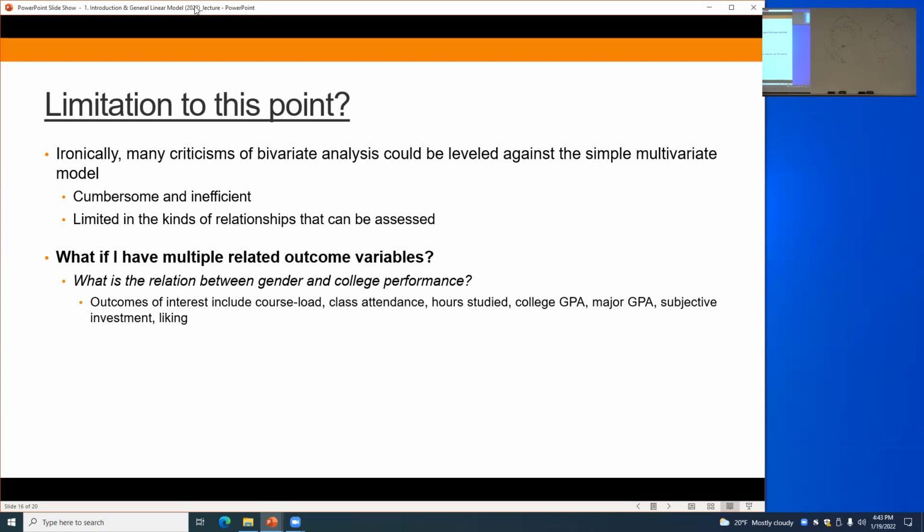I could run a simple multivariate model looking at each one of those outcomes individually. Or what I could do is run a full general linear model that's looking at a set of predictors in relation to a set of outcomes.